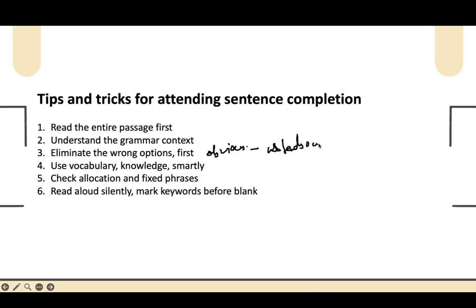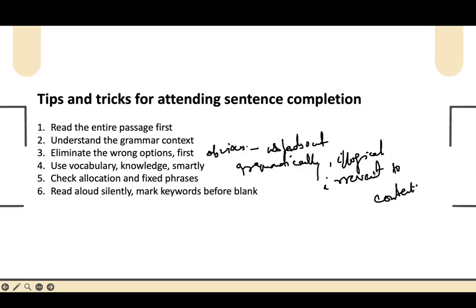By some options you can definitely find out that this is not the correct option. Then eliminate grammatically incorrect options. Then eliminate illogical options. Then eliminate options irrelevant to the context. This is how you eliminate the wrong options.